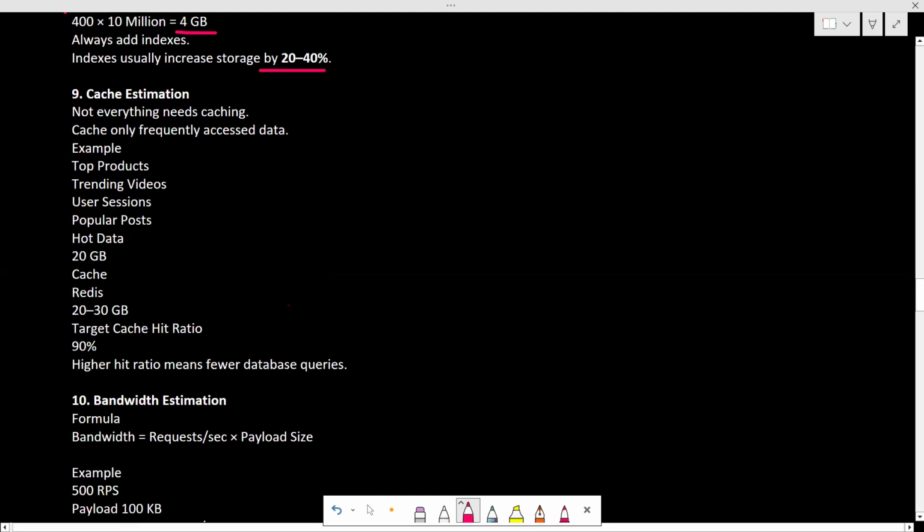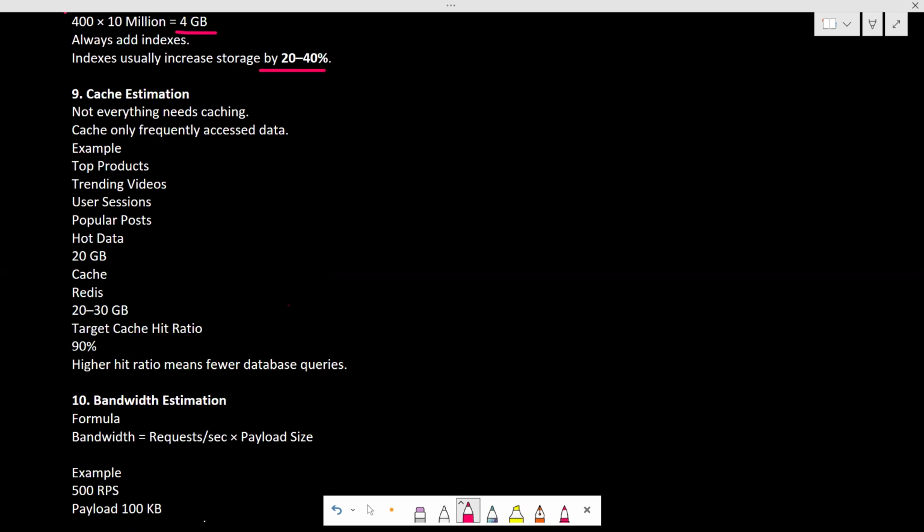Now cache estimation. Caching improves the application performance by storing frequently accessed data in memory. So instead of querying the database repeatedly, the application retrieves the data from the cache. Examples of cacheable data include trending videos, user sessions, popular posts, hot data.